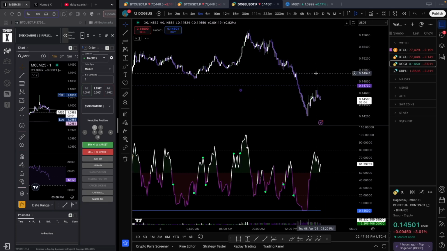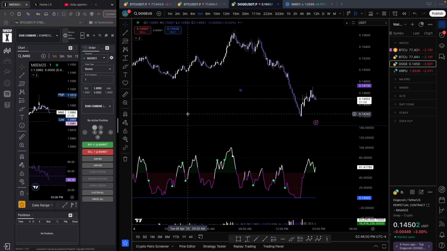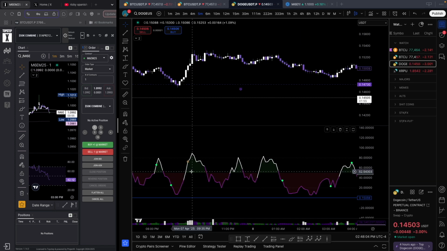Look at it on Doge. See how Doge respects it. 5 minutes. Oh yeah, we didn't get to see this fake out. So basically when this prints, it's like, hey man, don't short this yet, but it's coming.